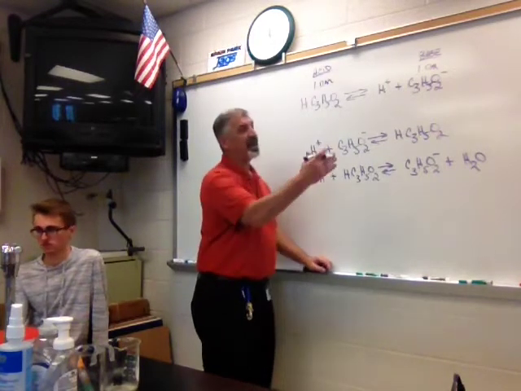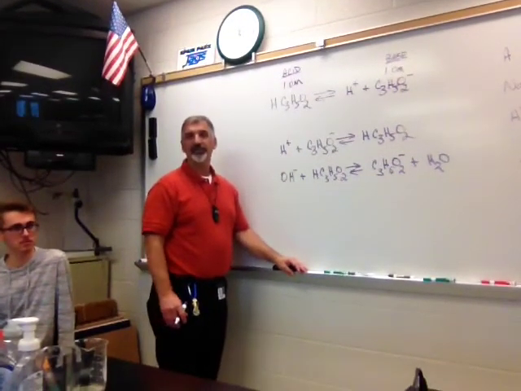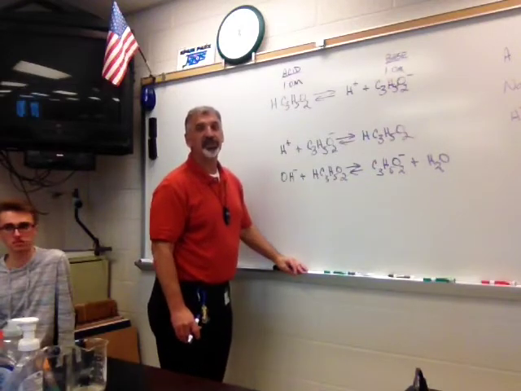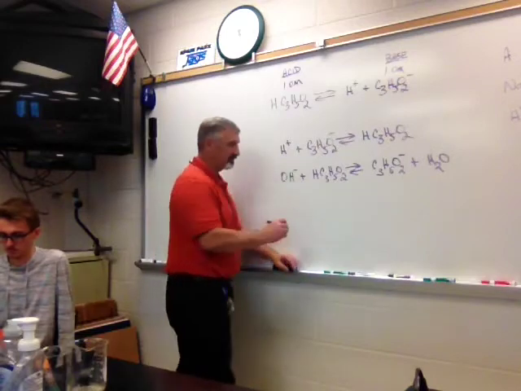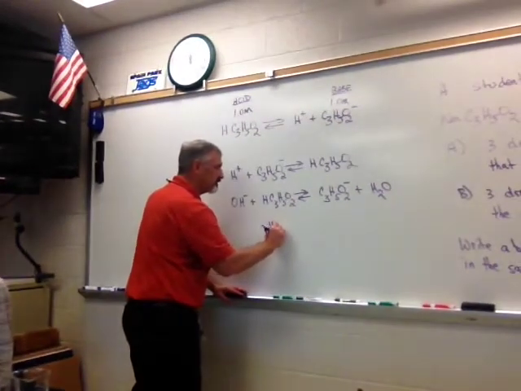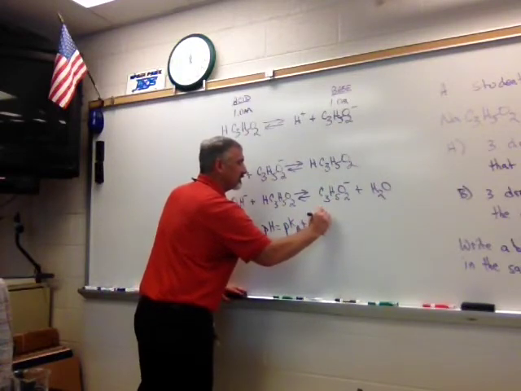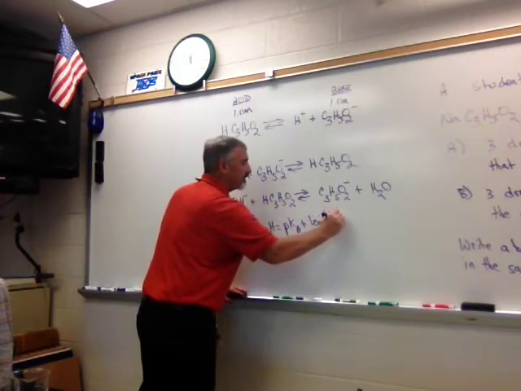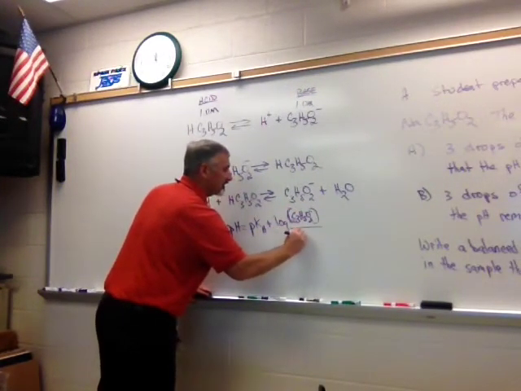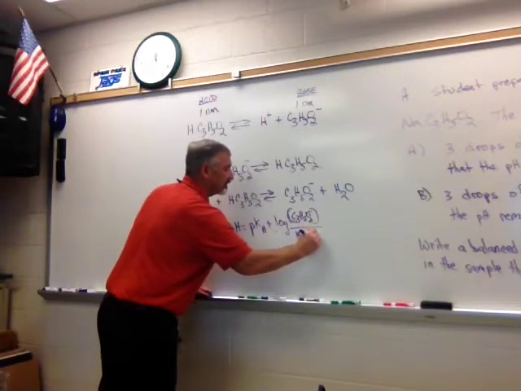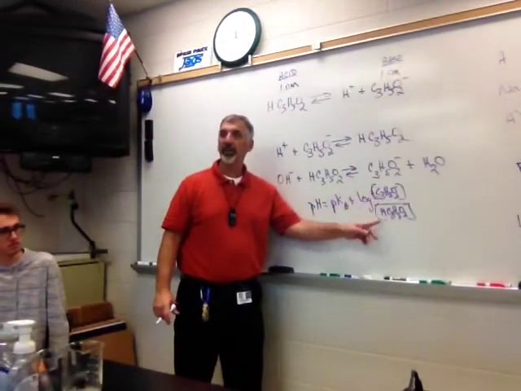Now, how do we find the Ka? Well, we can use the Henderson-Hasselbalch equation. pH is equal to pKa plus the log of C3H5O2 minus over HC3H5O2. But if it's equal molar, this is 1 to 1, right?